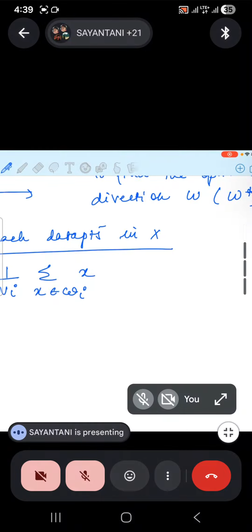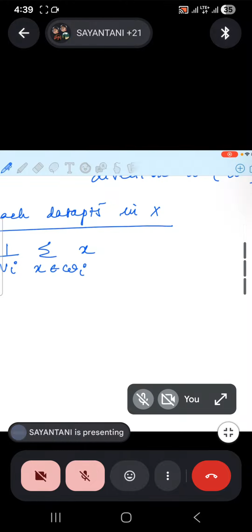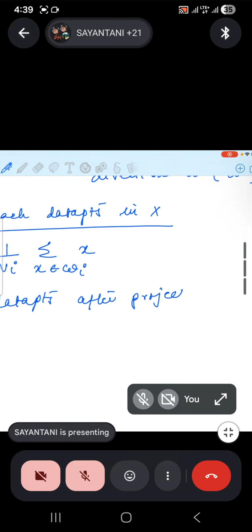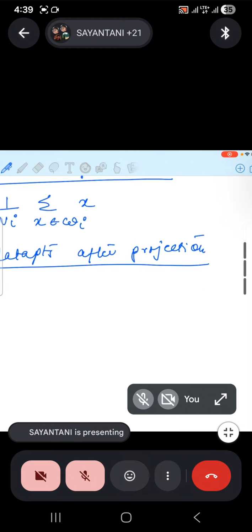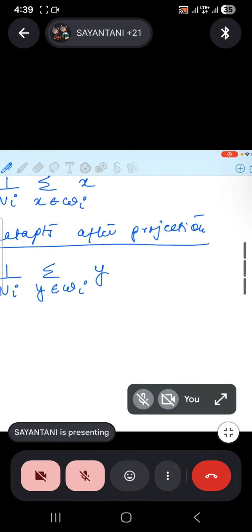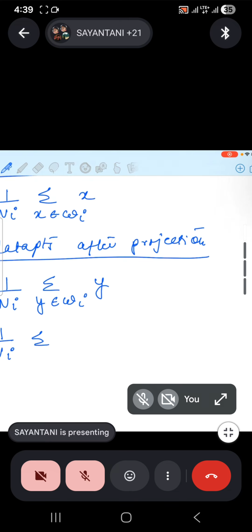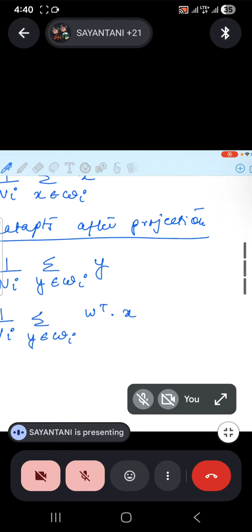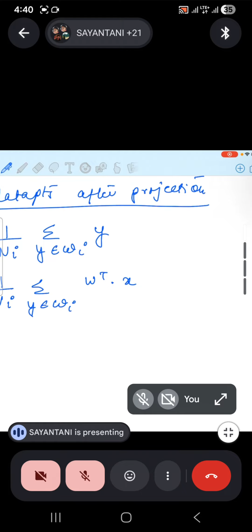Then the mean of data points after projection, suppose it belongs to the same class omega i, you can break down mathematically as Y equal to W transpose into X. Finally you can take out W transpose.